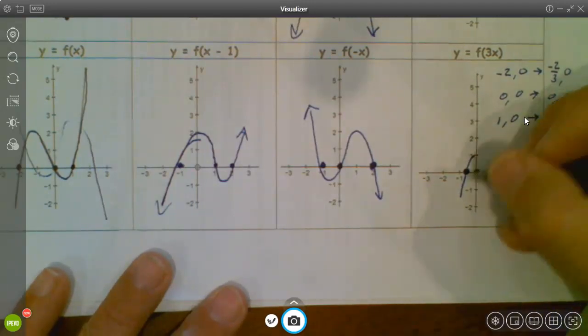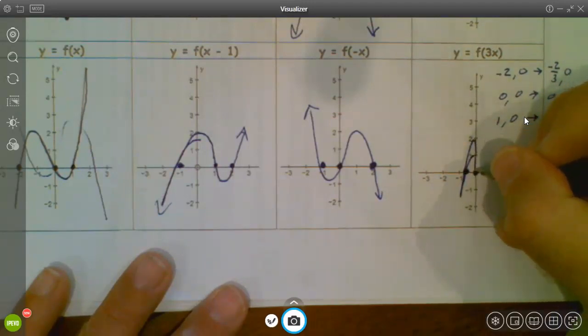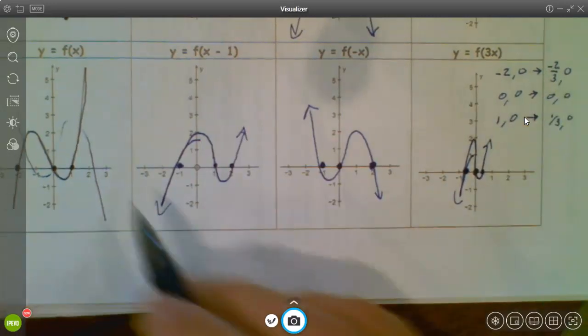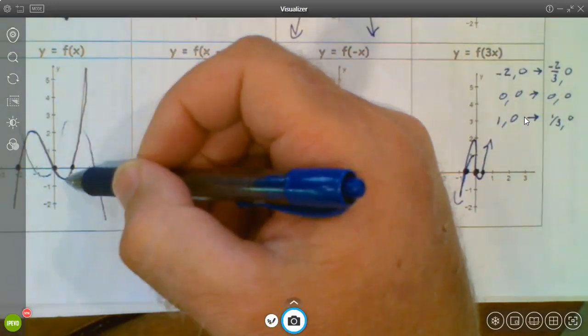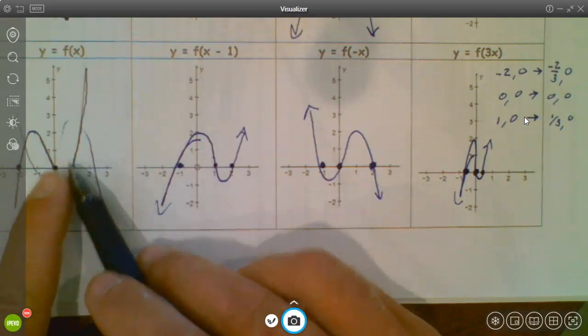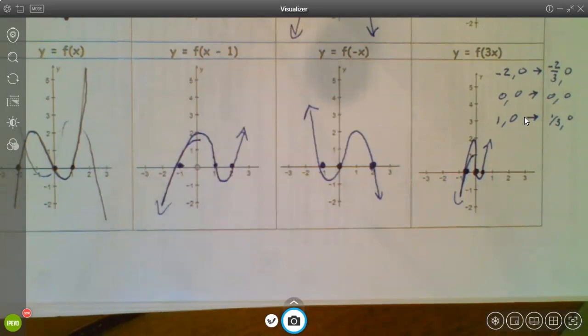Sorry, that went up to 2. So this and this should still be just as high and just as low, but it should be squeezing in the x-coordinates, right? So we get a squeezed in version of this, right? And so there's our basic rules. So there's just some examples for you.